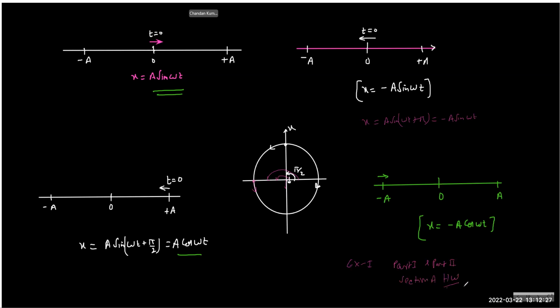Go to the exercise and solve exercise one, part two, section A. That is what we can cover from this knowledge. All right, the rest we'll see in the next lecture.